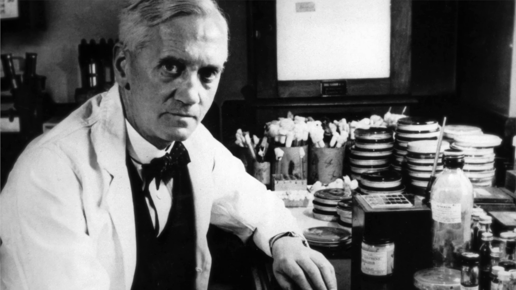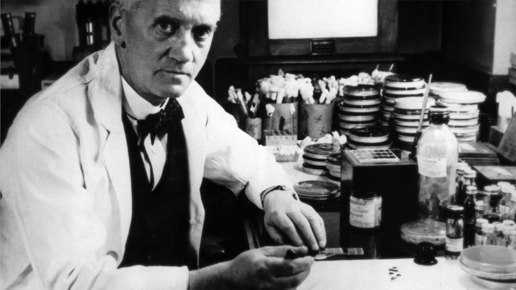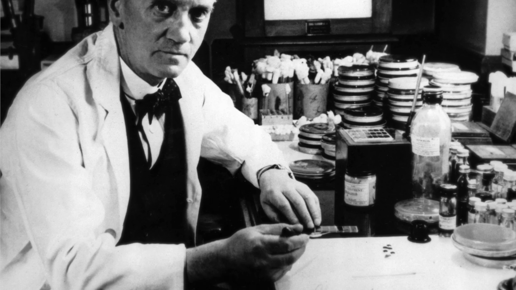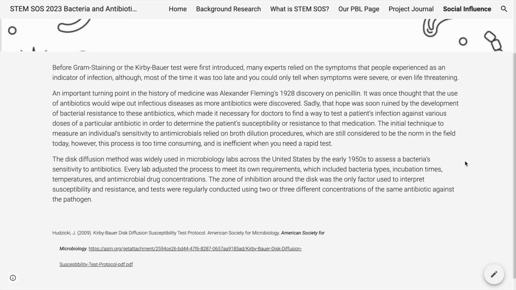It was once thought that the use of antibiotics would wipe out infectious diseases as more were introduced. Sadly, that hope was soon ruined by the development of bacterial resistance to these antibiotics, which made it necessary for doctors to find a way to test the patient's infection against various doses of particular antibiotics in order to determine the patient's susceptibility or resistance to that medication.